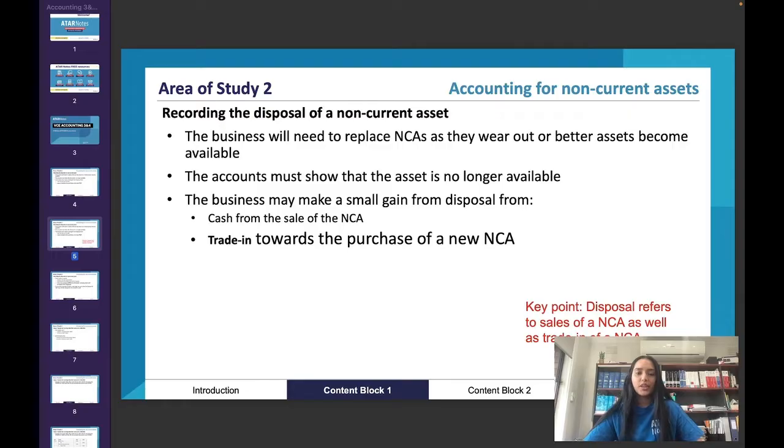And it's important to note that disposal refers to both the sale and the trade-in. So a lot of the times I think it's easy to just assume that it's a sale most of the time, or when you think of disposal you think of a sale of a non-current asset, but you also need to understand that it can also be a trade-in value as well.